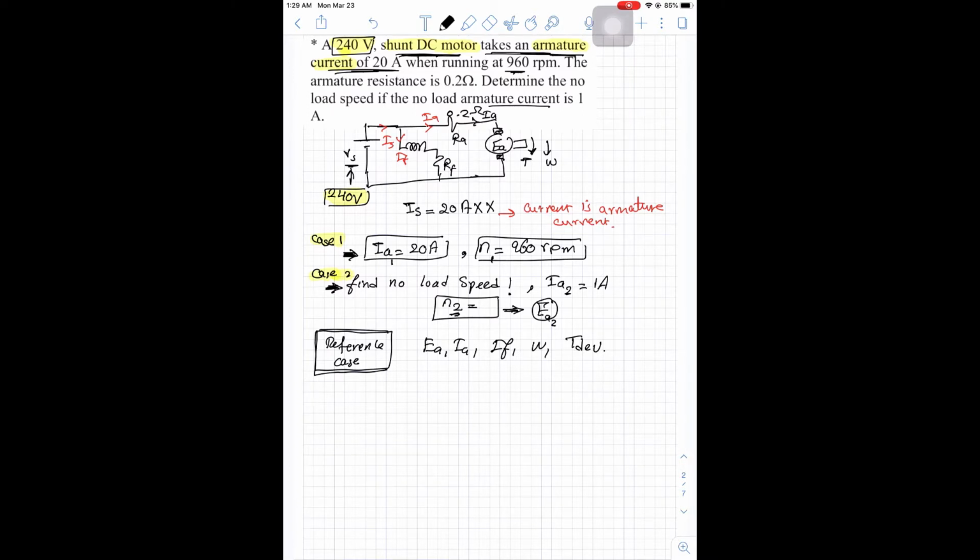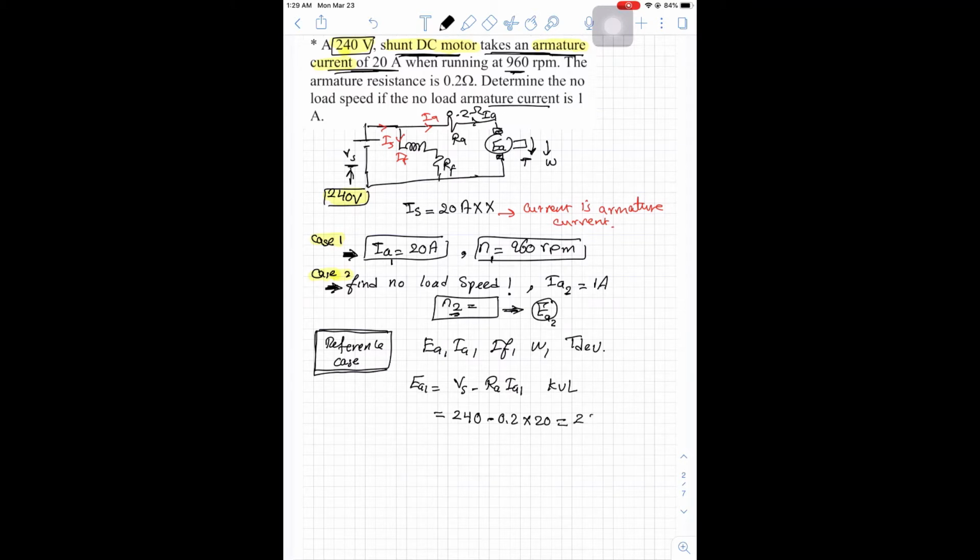So let's start with case 1 and calculate what is missing. For case 1, we know that EA1 equals V source minus RA IA1. This equation is simply KVL. Given the values in the question, V source is 240, RA is 0.2, IA is 20.